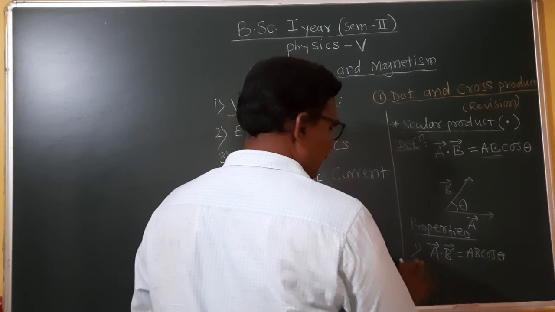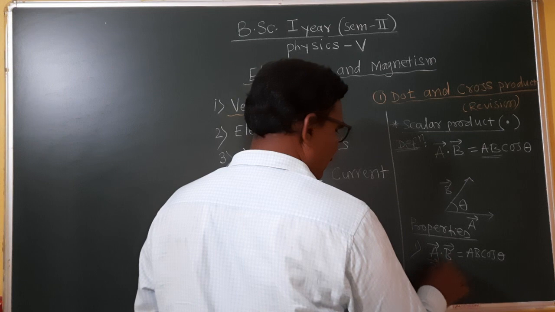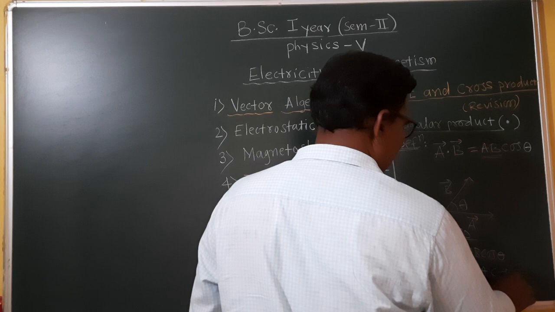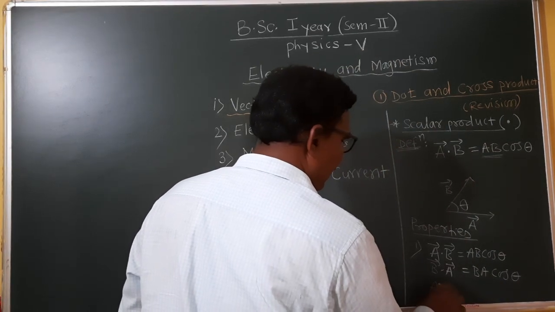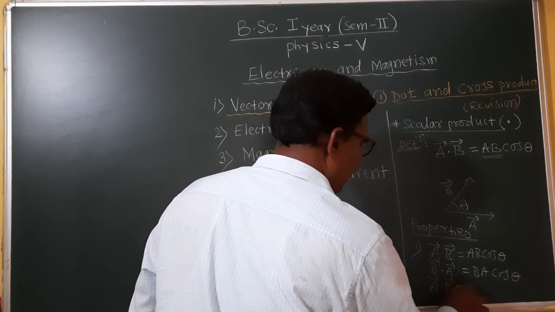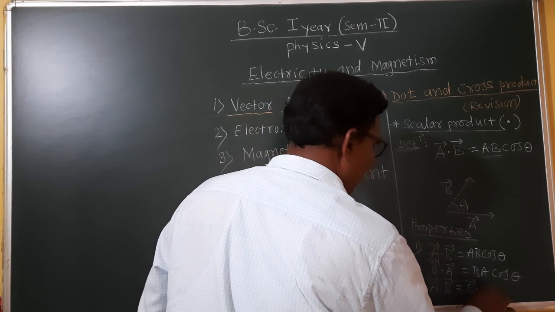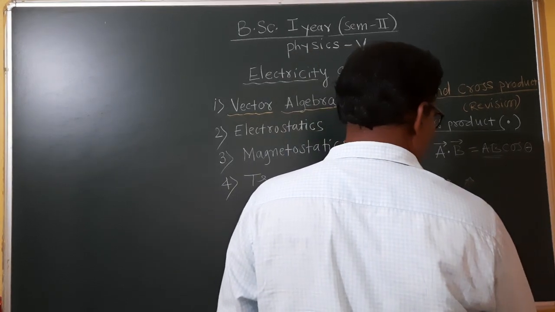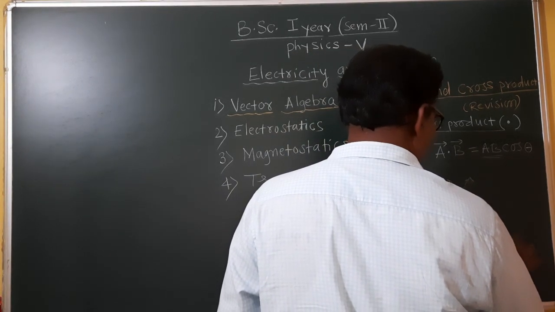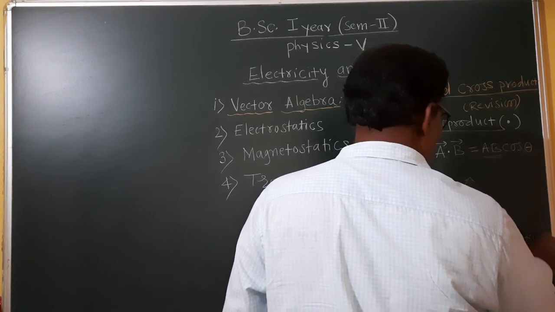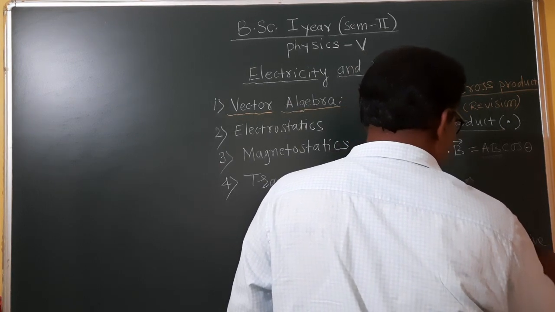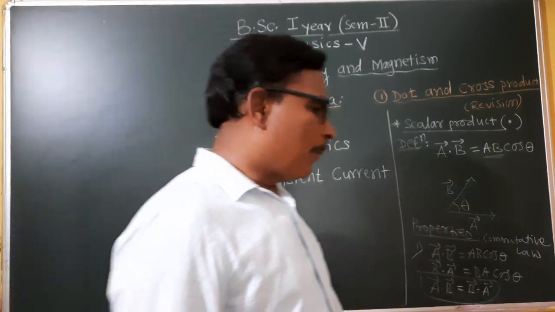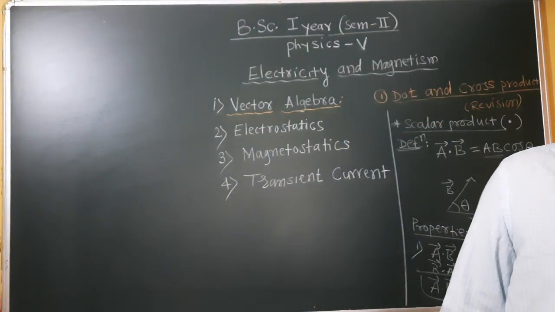And secondly, B bar dot A bar is also equal to BA cos theta. Finally, A bar dot B bar is equal to B bar dot A bar. This obeys the commutative law of vector multiplication.